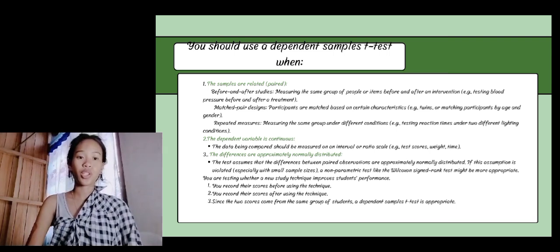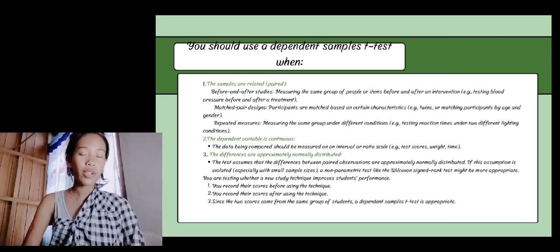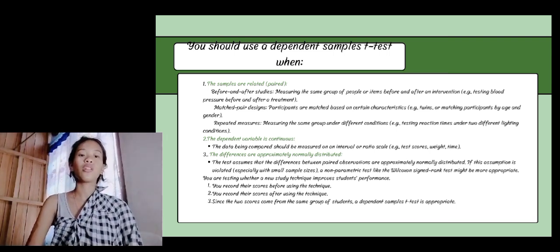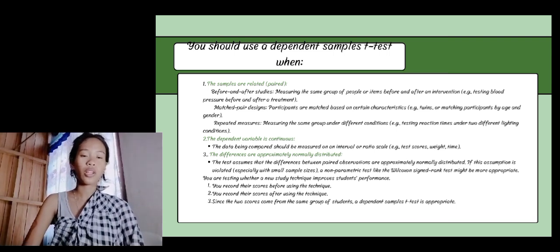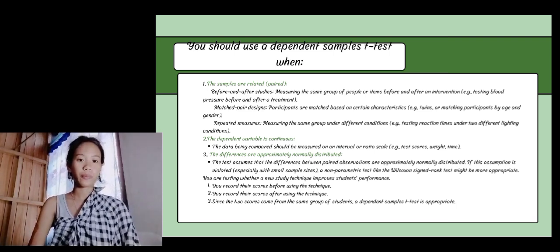If this assumption is violated, especially with small sample sizes, a non-parametric test like the Wilcoxon signed-rank test might be more appropriate.